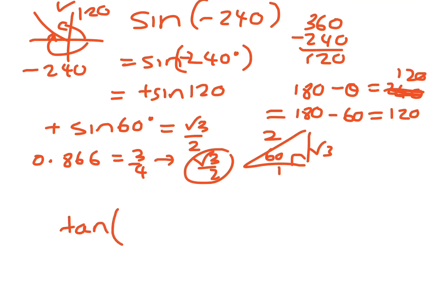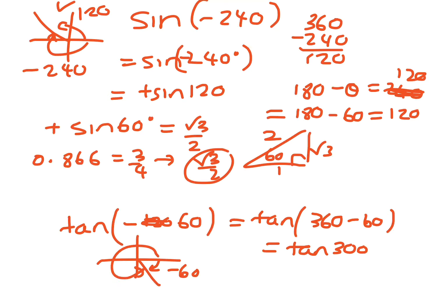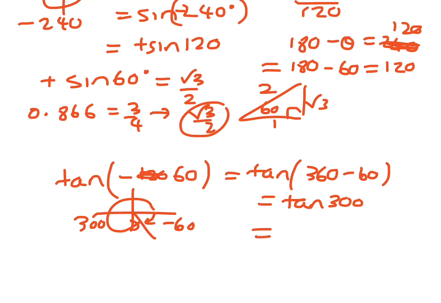The same as this, we get tan of minus 120. Oh, actually, I might do a different one. Tan of minus 60. That would be equivalent to tan of 360 minus 60, so tan 300, because when you think about it, minus 60 is there, 300, the equivalent positive angle, is there.